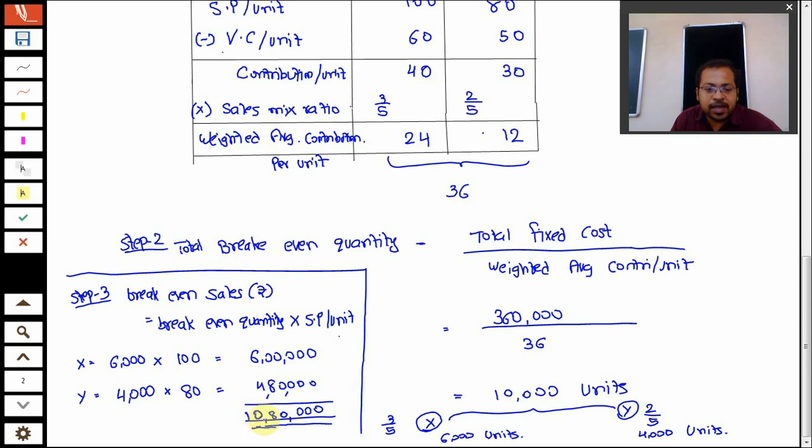So it will be 10,80,000. Okay. So in the third step you can find break-even sales for this entire company or combined break-even sales in rupees for both the products X and Y together. So I hope now you are clear about this chapter.